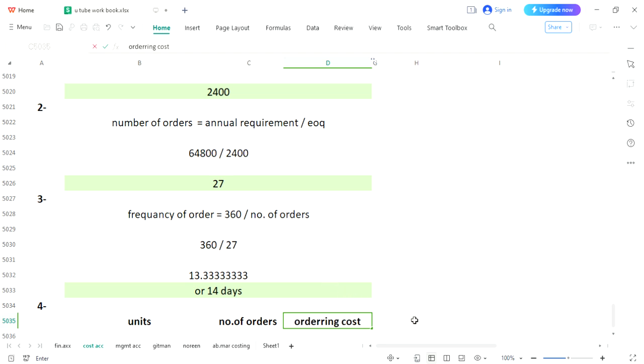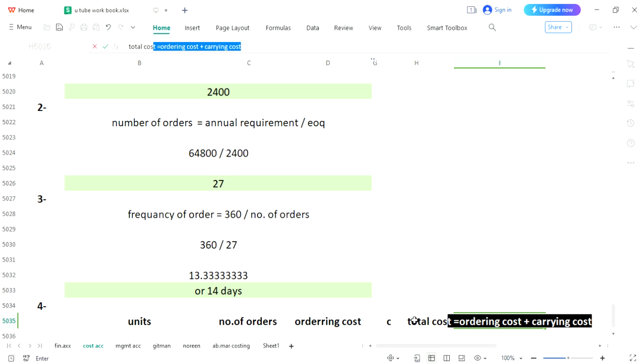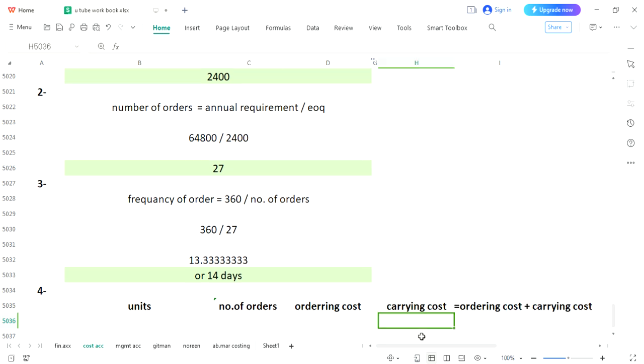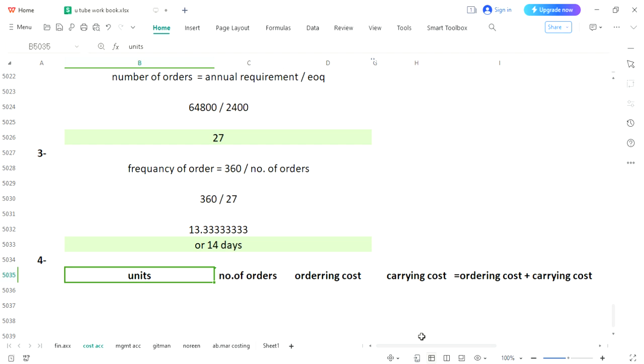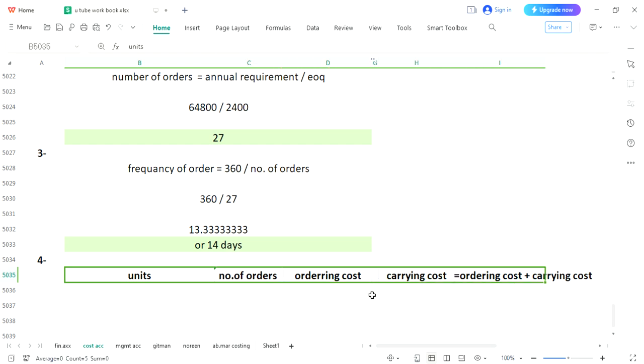After which you will calculate your carrying cost, and then total cost. Total cost would be calculated by adding these ordering cost and carrying cost. In this way, this statement would be completed, and finally we will get our answer. All these headings would have impact upon carrying cost proof.